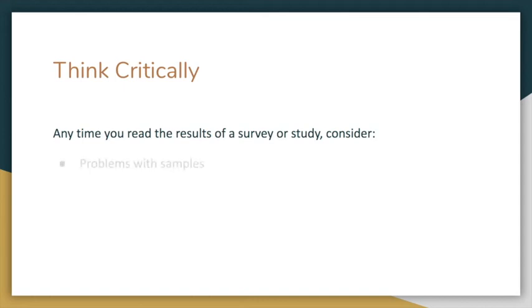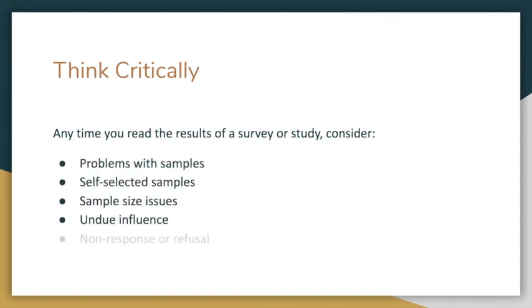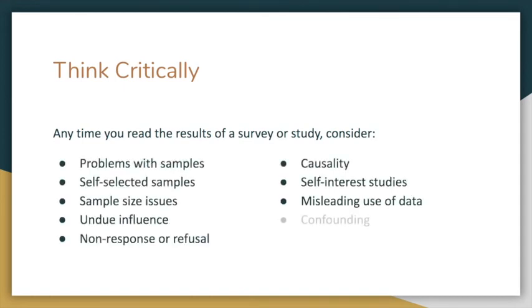So with critical thinking, I'm not going to read all of these, but one of the most important things that I can impart to you is that anytime you're dealing with statistics, you really need to be able to think critically. These are all things that you can read in the textbook.